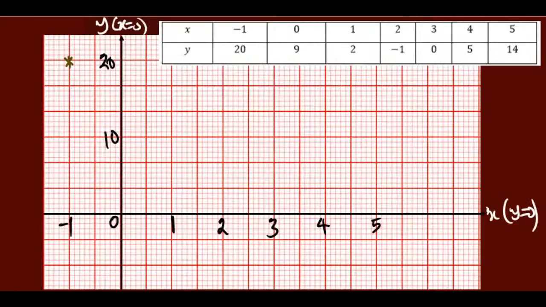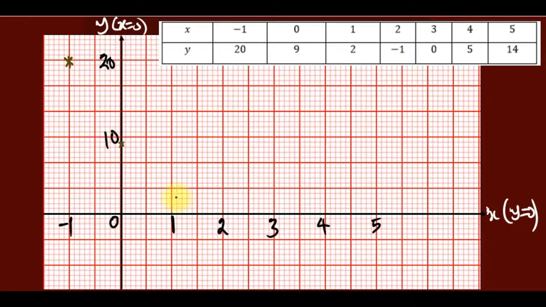So let's count 13.49, which is 13.5. So when x is 0, we count 5, 10, 11, 12, 13 points, so somewhere here.